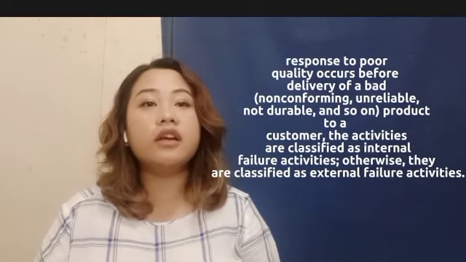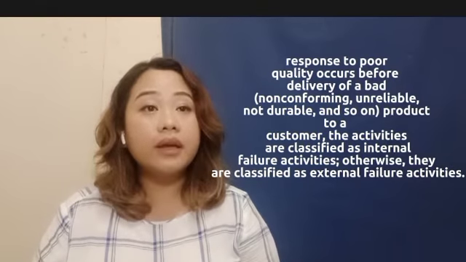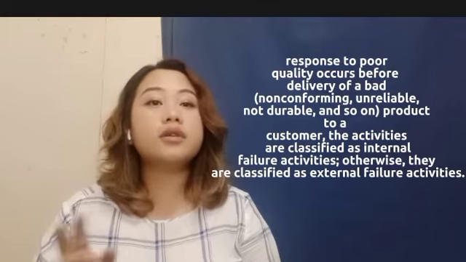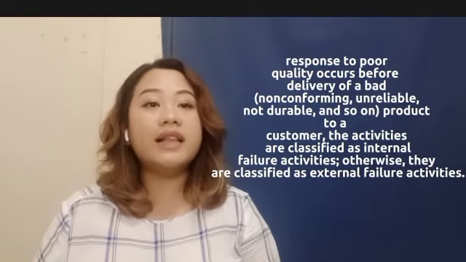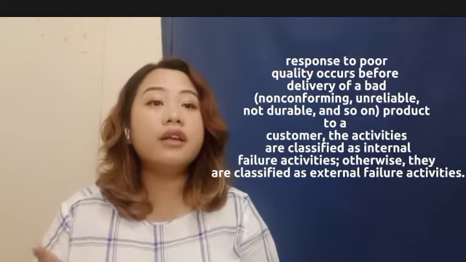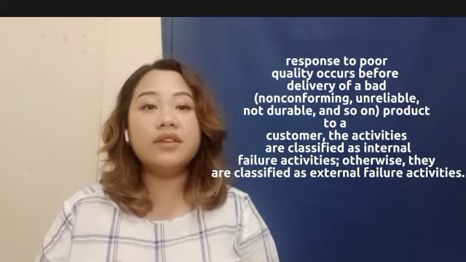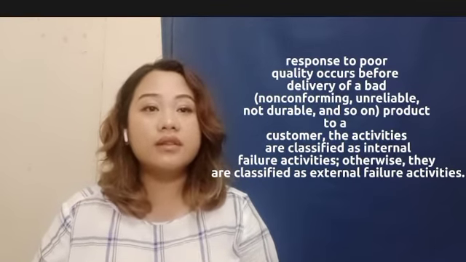If the response to poor quality occurs before delivery of a bad, non-conforming, unreliable, not durable product to a customer, then the activities are classified as internal failure activities. Otherwise, they are classified as external failure activities.